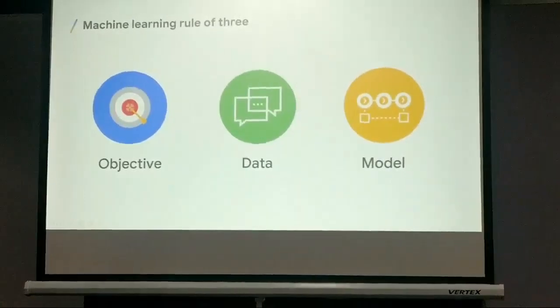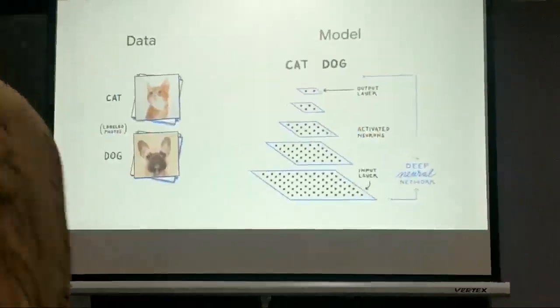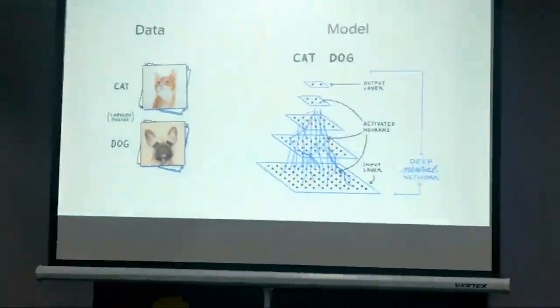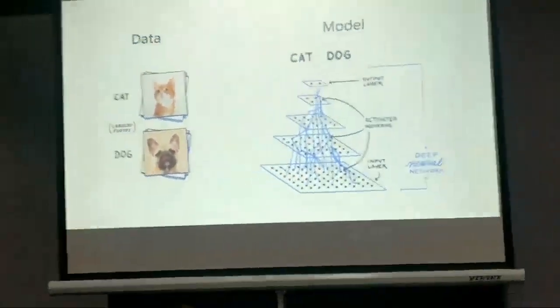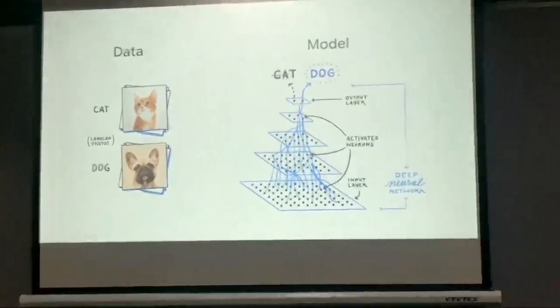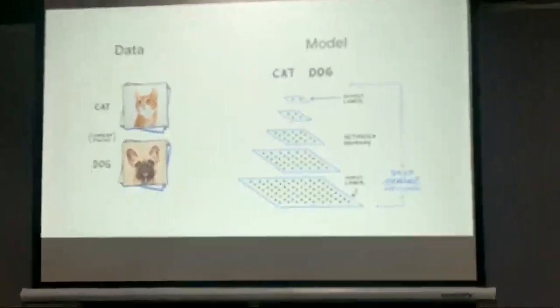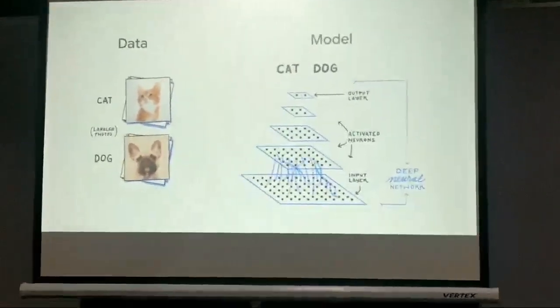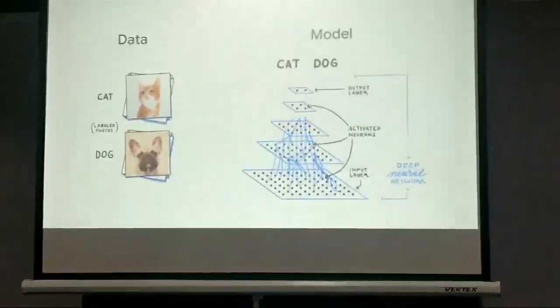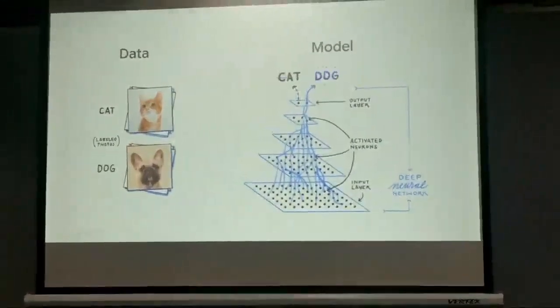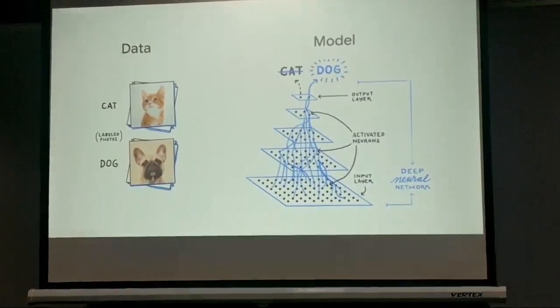So, for example, if we want to train a model to detect whether a specific image is of a cat or a dog, we need a lot of images of cats and dogs. We need them labeled accordingly. Then we show them to the model, and the model learns how to do this. And then we test the model's performance on a separate set of images that it hasn't seen at all, labeled as cats and dogs.